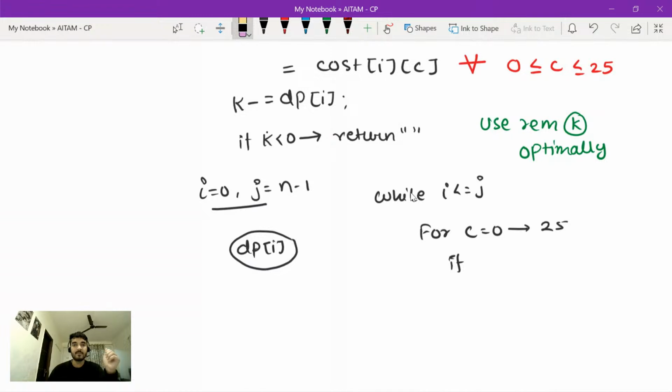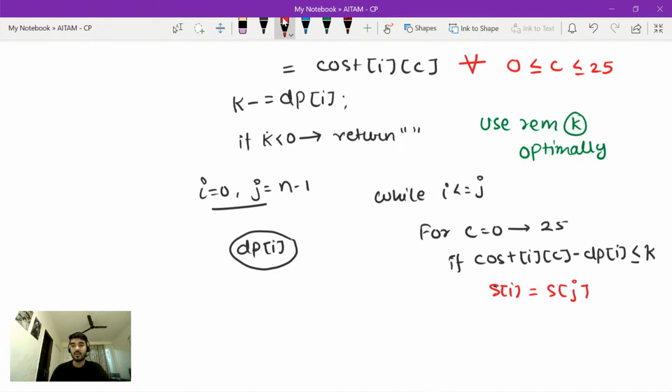If cost of i, c minus dp of i is less than or equal to k, then just change the characters, that is, s of i and s of j. s of i equals s of j; you can also write n minus 1 minus i for j.